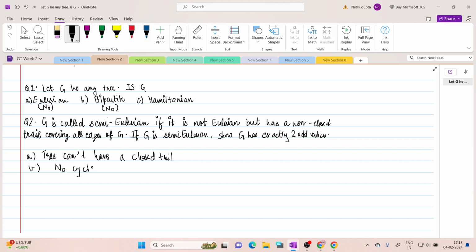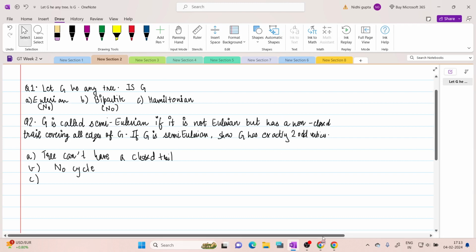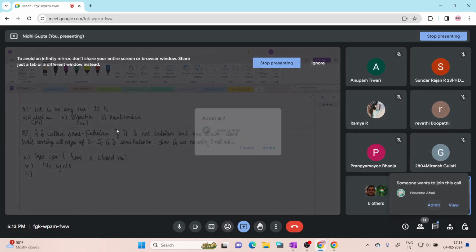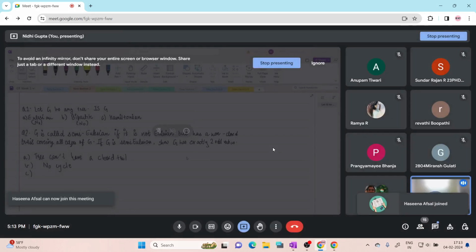So if we come down with one vertex, then to go to another branch we have to use that same node, which is not possible. And there's one simple reason also: a graph is Hamiltonian if and only if it has a Hamiltonian cycle, but trees can't have any cycles, right? Therefore, it cannot be Hamiltonian either.